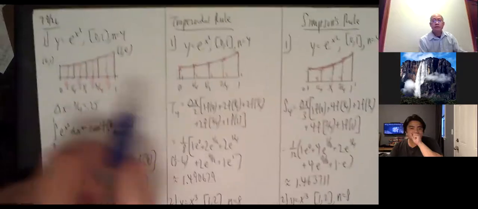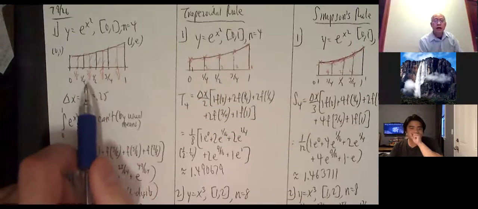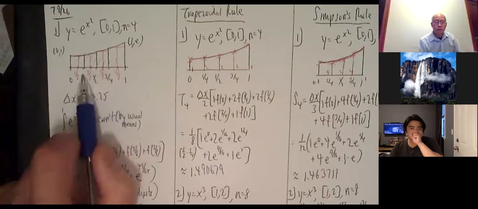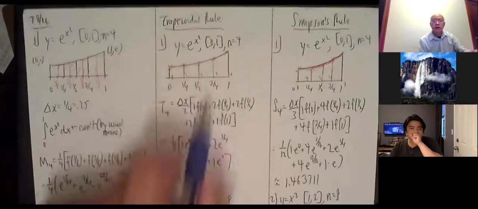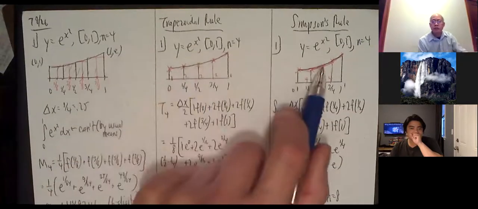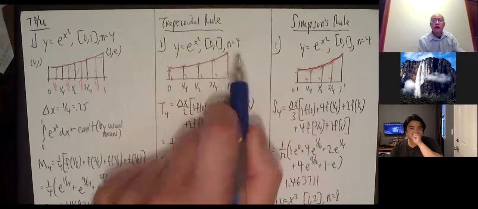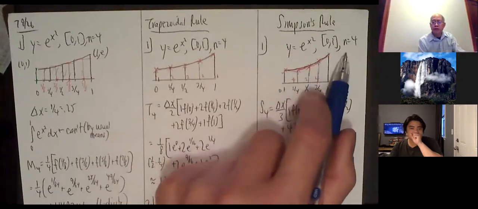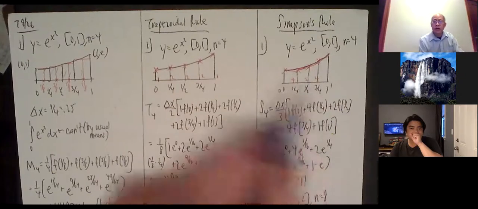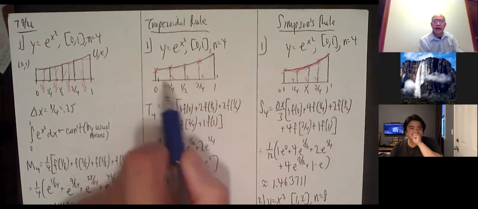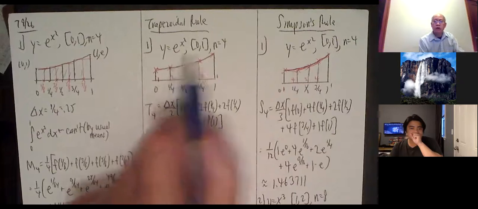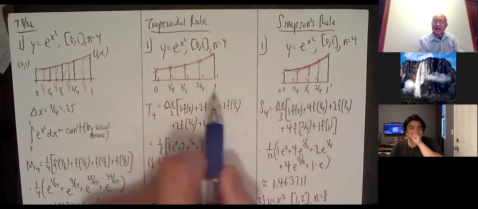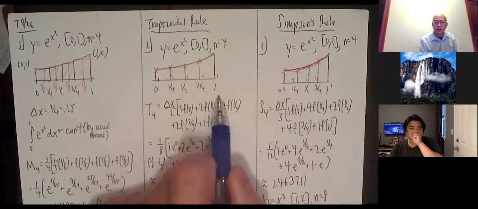So notice for the midpoint rule, n equals 4, you have 4 midpoints, 4 calculations. For the trapezoidal rule and Simpson's rule, if n is 4, you're going to have 5 calculations. In general, if you chop it up into n pieces, for the trapezoidal rule and Simpson's rule, you will have n plus 1 calculations.